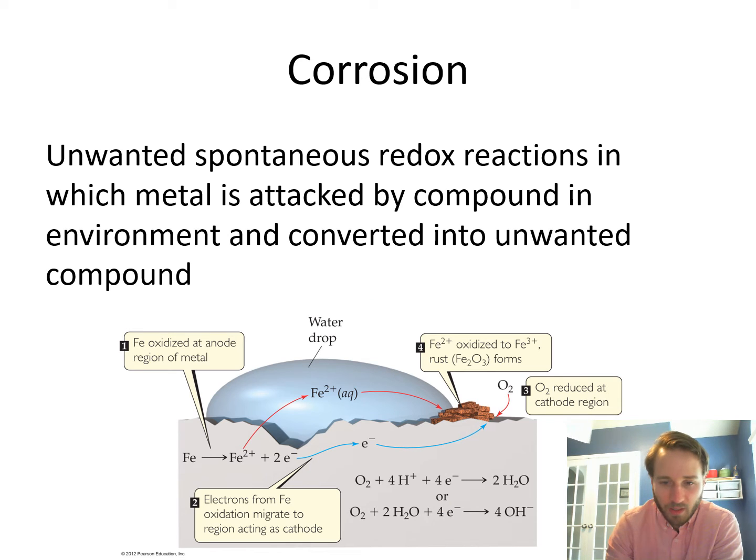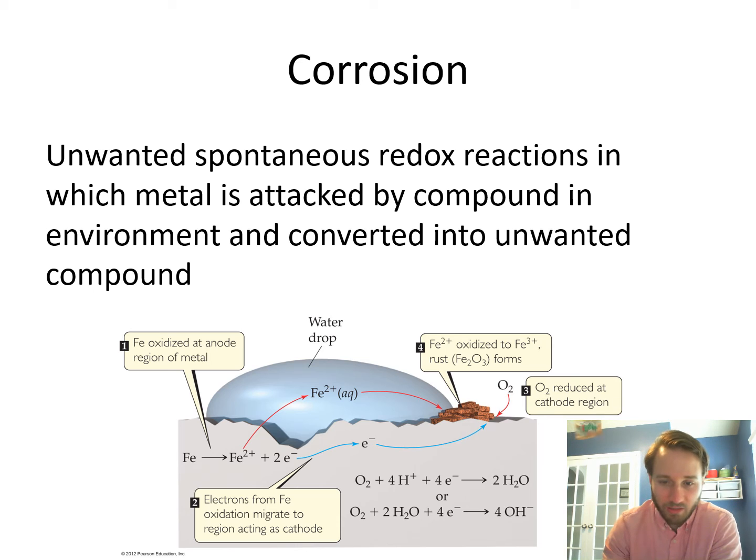Now, electrochemical reactions are not always beneficial. There are things like corrosion. A lot of corrosion is some sort of redox reaction, okay? Often, when water gets on the metal, it allows electrons to flow from different parts of the surface of the metal to other parts, and allows for redox reactions to occur where some amount of that water is being oxidized or reduced to form other compounds.